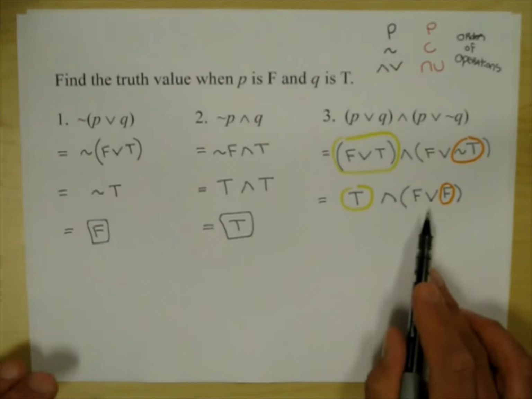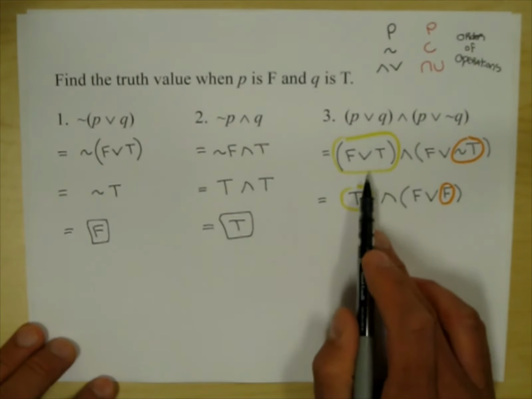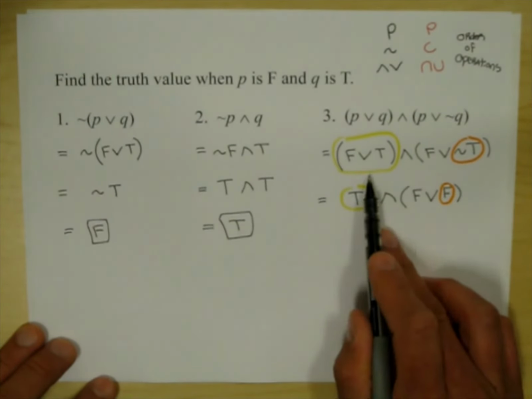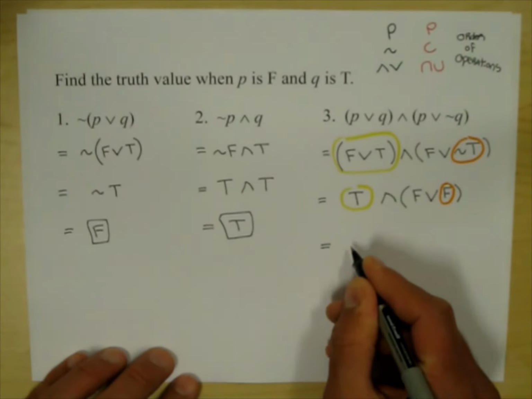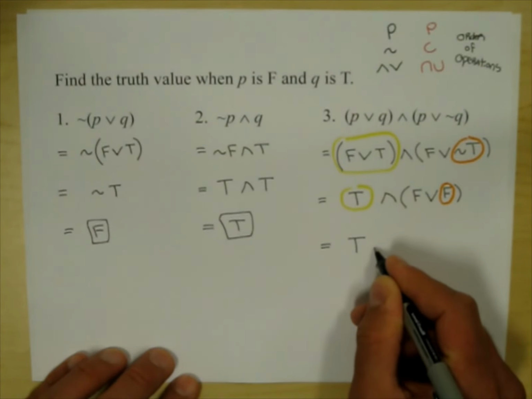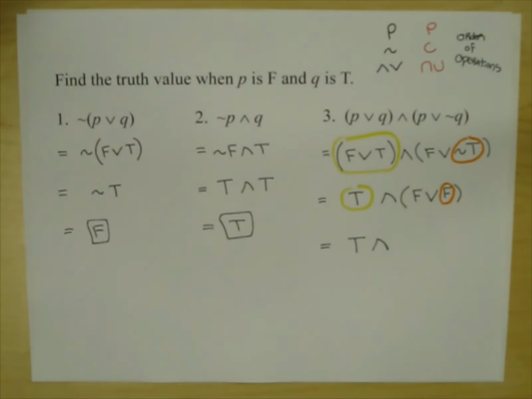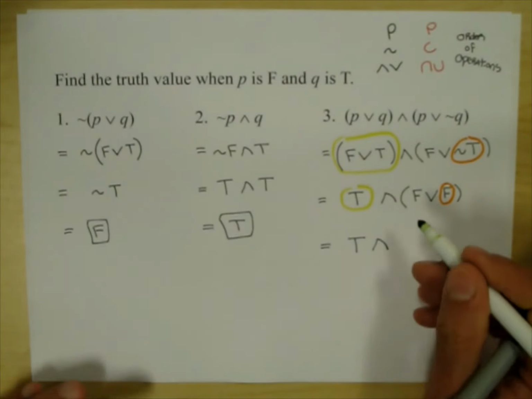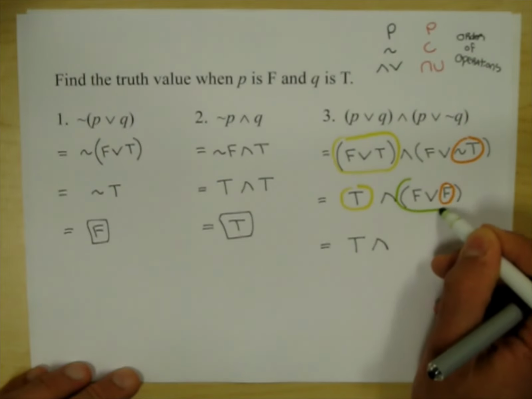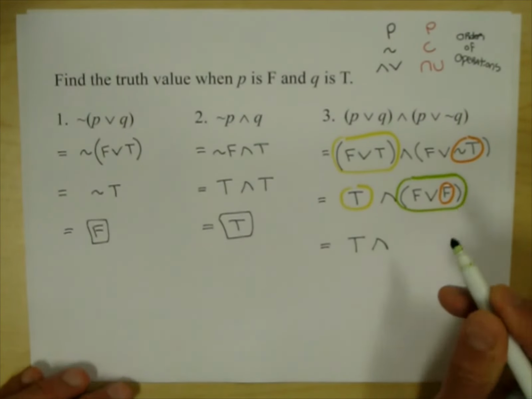Okay, I still have to finish up those parentheses, so I was kind of doing these parentheses independently. So that first true stays right there. True and. Now I'm going to go ahead and simplify what is false or false.